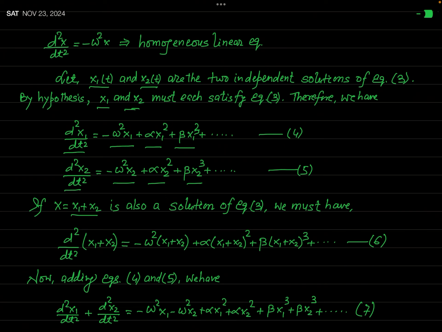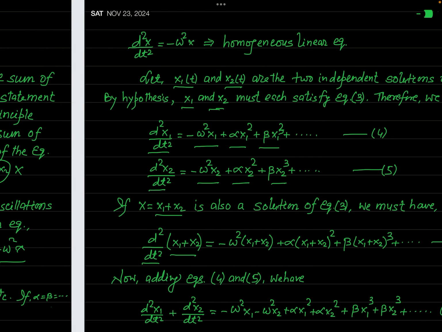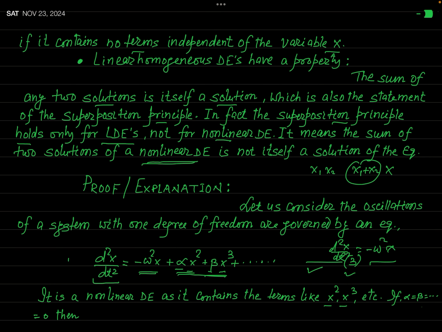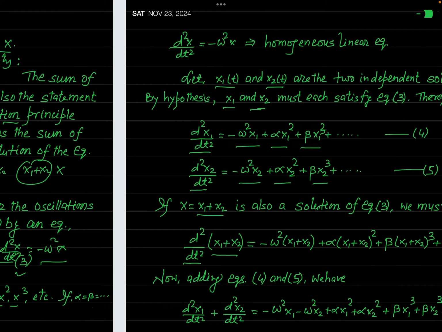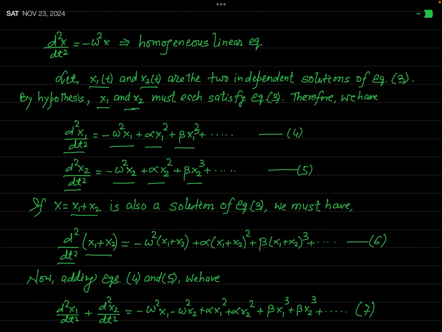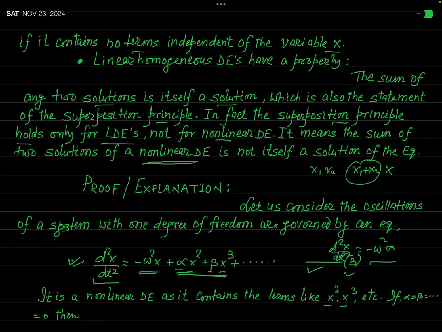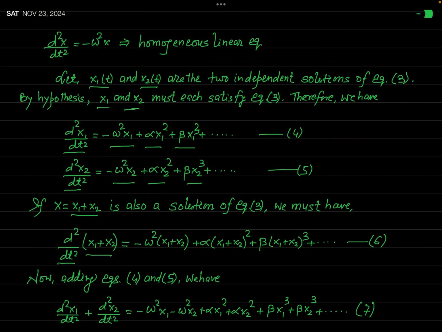By replacing x by x1 plus x2 in equation 3, you can write d2 by dt square operated on x1 plus x2. Instead of x in equation 3, I have written x1 plus x2, in accordance with our assumption that x1 plus x2 is also a solution of this equation.